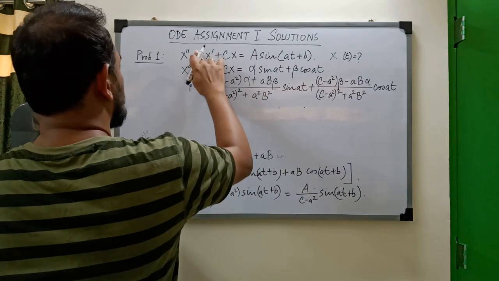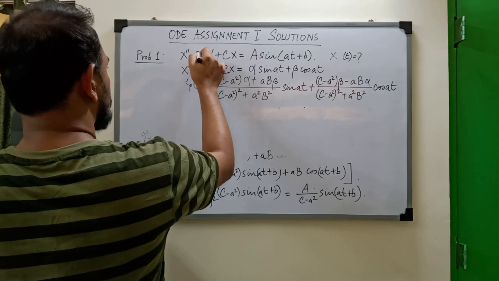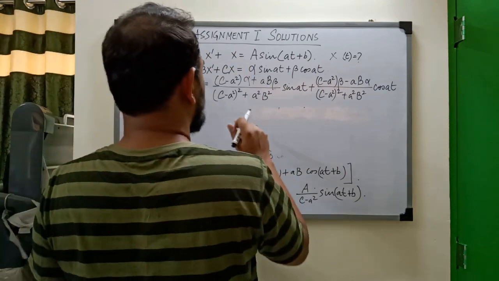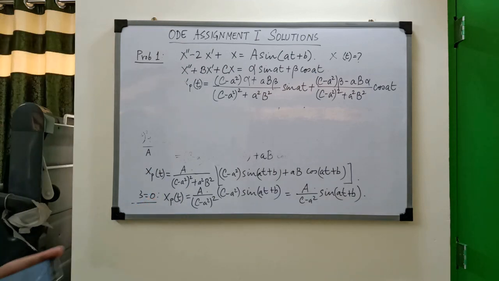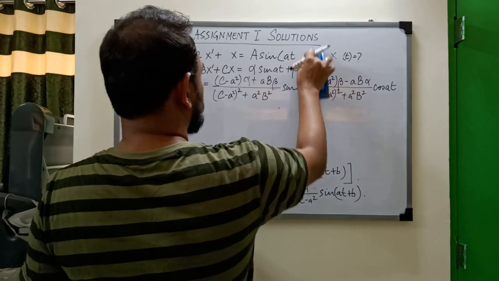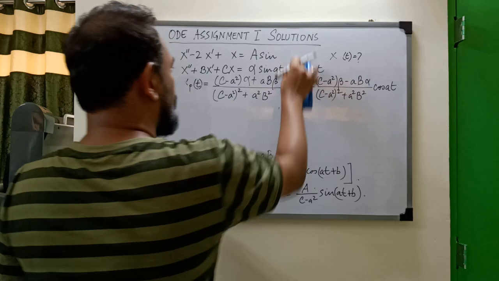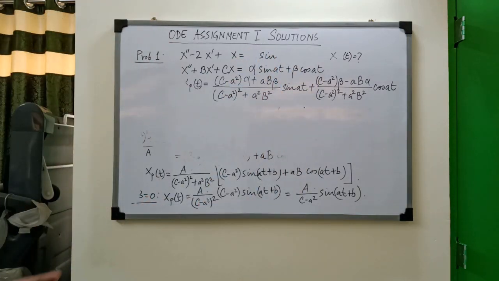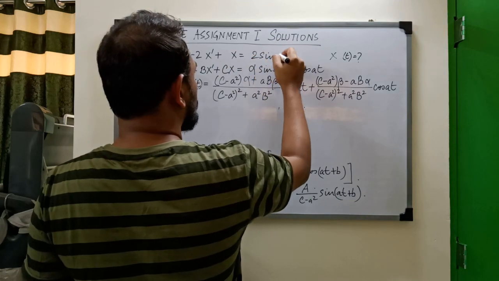well, the capital B was minus 2. The capital C was just 1. And there was no small b, and there was only this, okay? So there was only a 2 and a t.